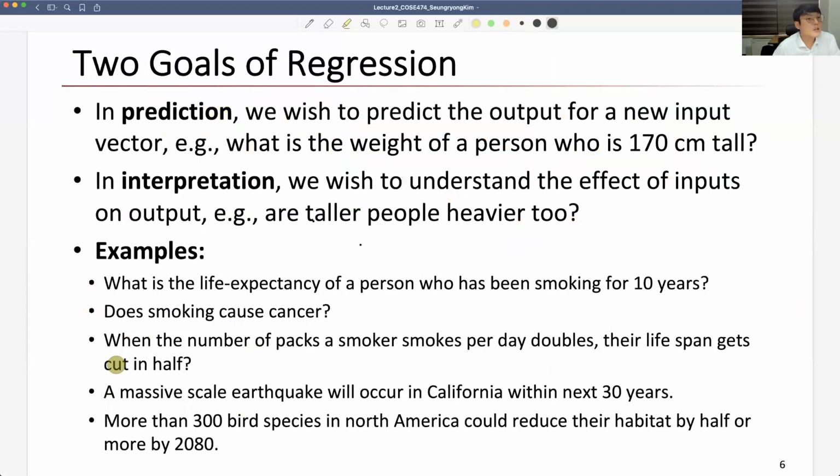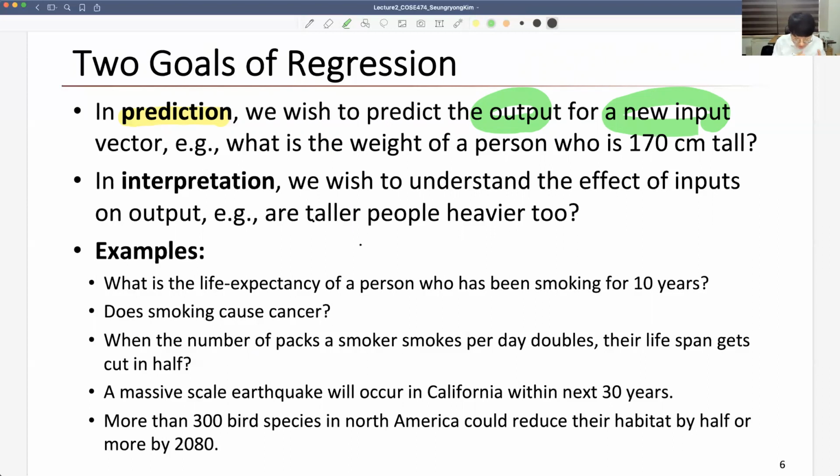So there are two goals of the regression problem. The first one is prediction. The second one is interpretation. In prediction, we wish to predict the output for a new input vector. For example, what is the weight of a person who is 170 centimeters tall?